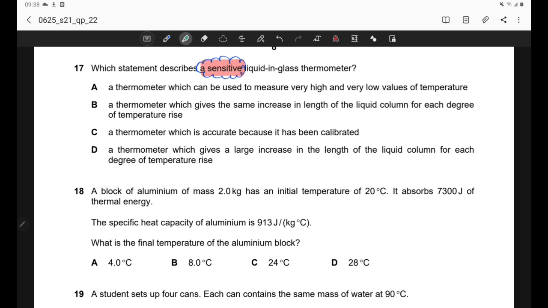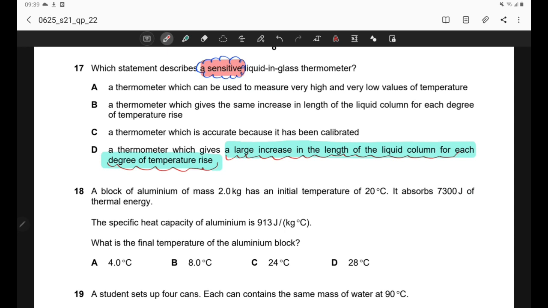A highly sensitive liquid in glass thermometer will give a large increase in the length of the liquid column for each degree of temperature rise. That means even if the temperature has increased by 1 degree, it will be easily visible from the thermometer because the liquid will expand large enough to be noticeable. So this is the definition of the sensitivity of a liquid in glass thermometer.